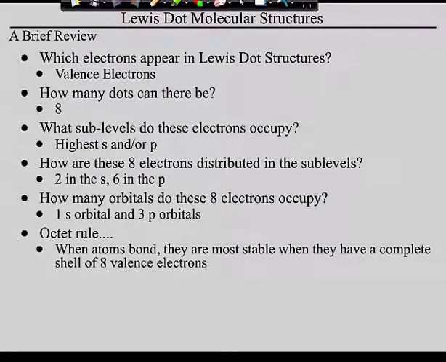And it says this: when atoms bond together, they are most stable when they have a complete shell of 8 valence electrons. So why do atoms bond at all? Because they're trying to become more stable. And how do they become more stable? They become more stable by getting 8 valence electrons.